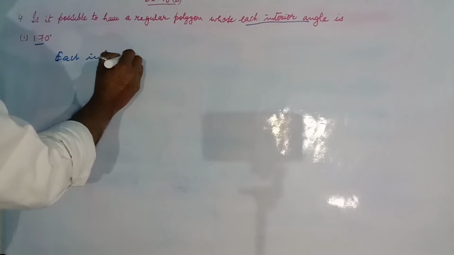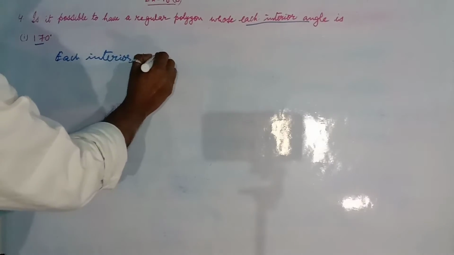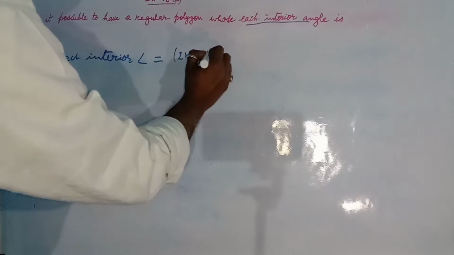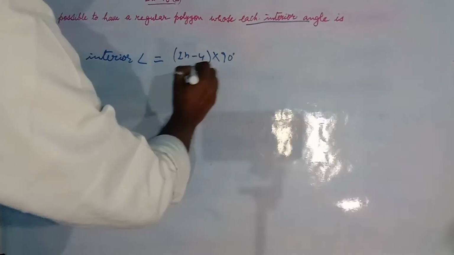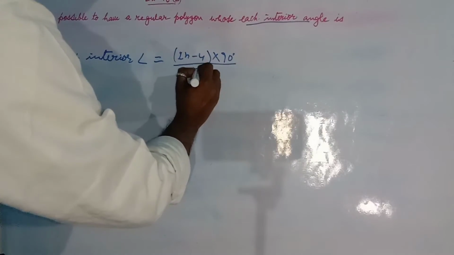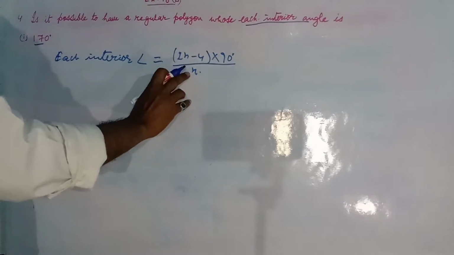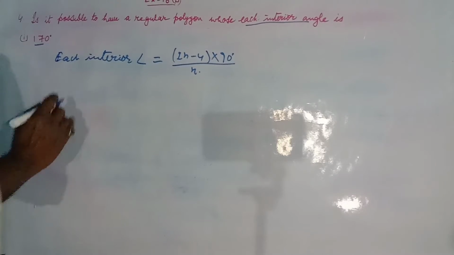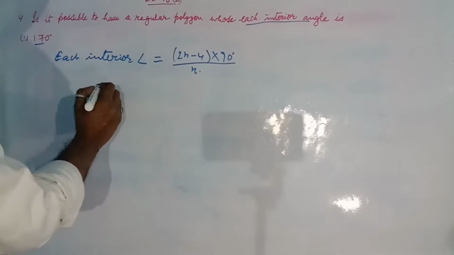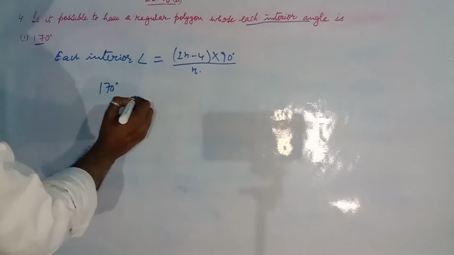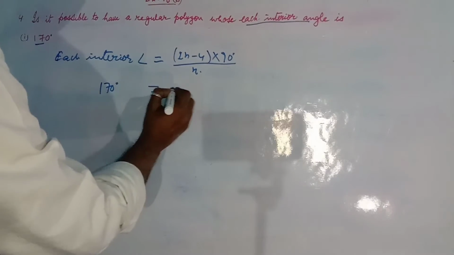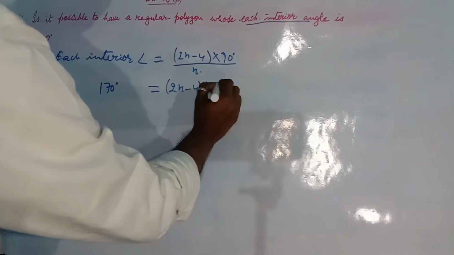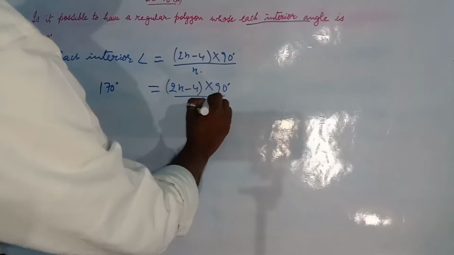Each interior angle is equal to, as we know, (2n minus 4) times 90 divided by the number of sides. That means the sum of interior angles divided by the number of sides is each interior angle. So here we will write 170 degrees equals (2n minus 4) times 90 degrees by n.